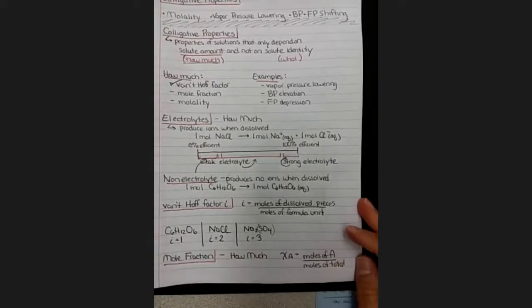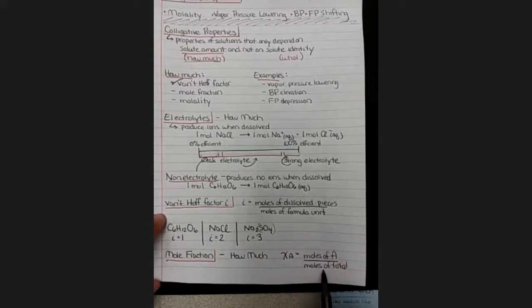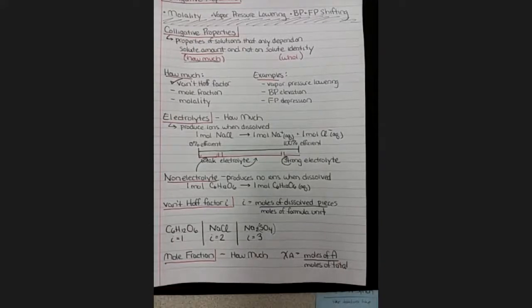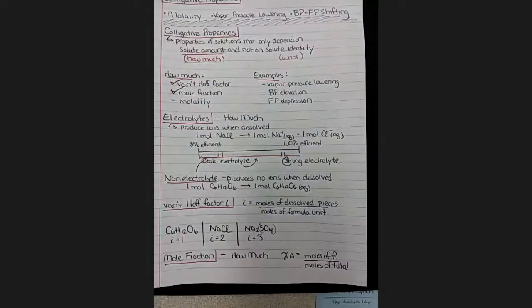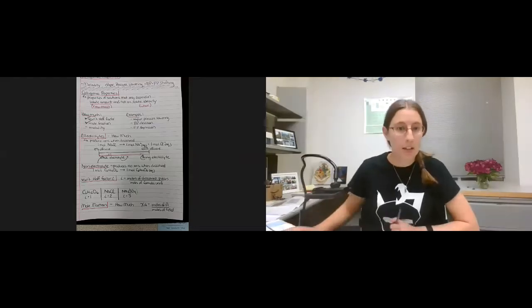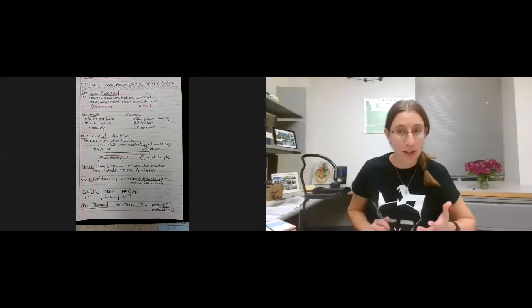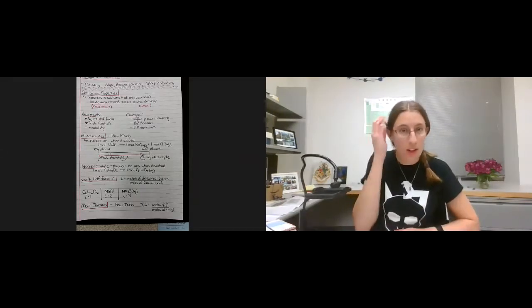Moles of A over moles of total is our second way of measuring how much. And in the next video, we'll look at the third way of measuring how much, which is the molality.